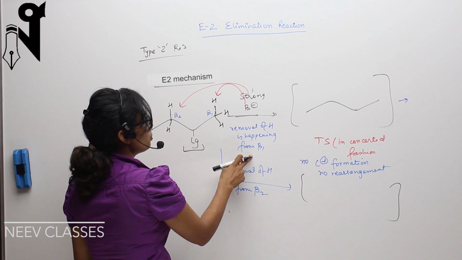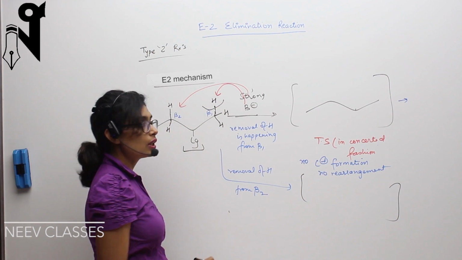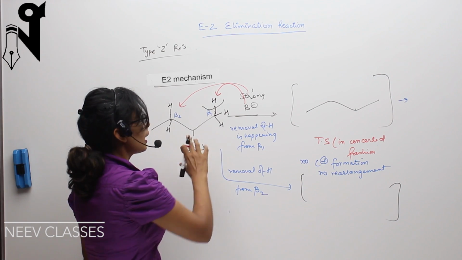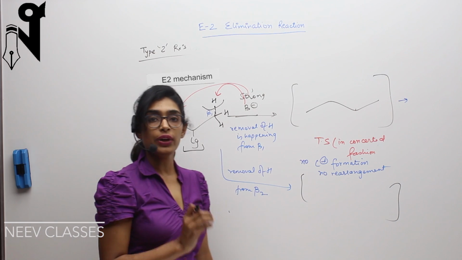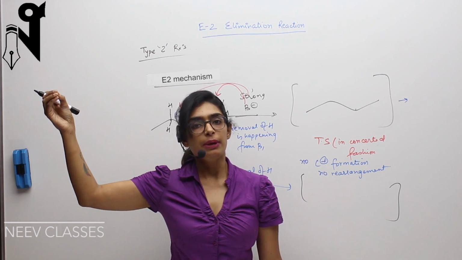So in the first case we are assuming that the hydrogen removal is happening from the beta 1 position. So this hydrogen will get removed. But it will not get removed immediately; in this process again the transition state will be formed in such a way that the leaving group would be leaving, and at the same time the beta hydrogen will be removed from the beta position.